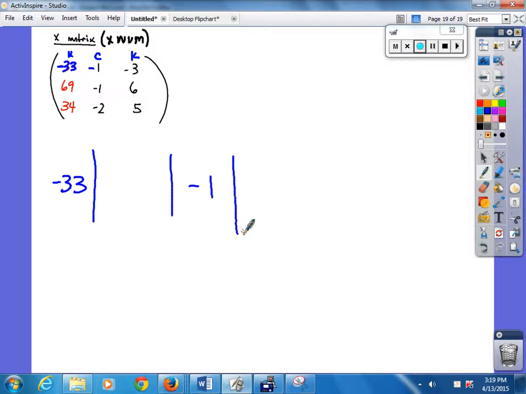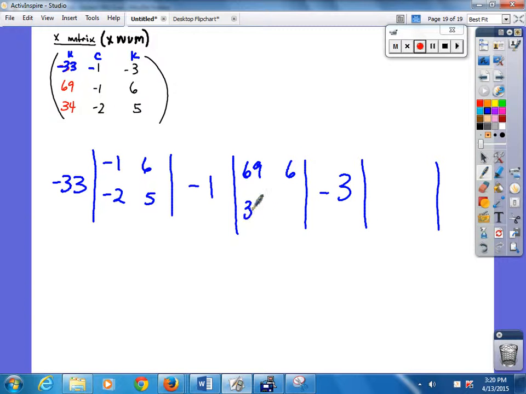Negative 1, 6, negative 2, 5. 69, 6. 34, 5. 69, negative 1. And 34, negative 2.